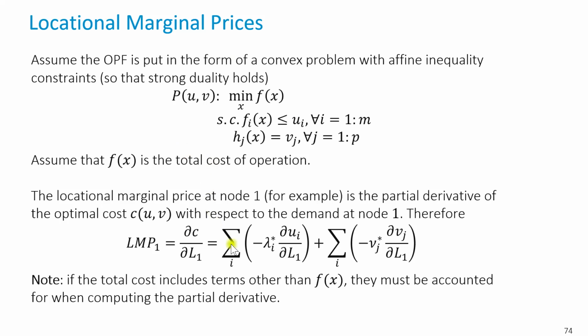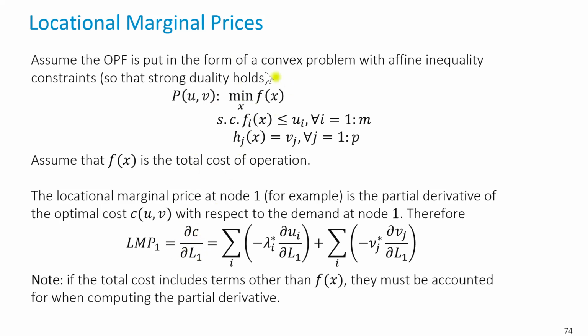For example, if I am interested in the locational marginal price at node 1, that's what we defined two hours ago: the relative increase of the cost of running the grid when we have a small unit increase of load at node 1. Then if I assume that u and v depend on the parameter L1 of my grid, then this is the partial derivative of the optimal cost with respect to L1.